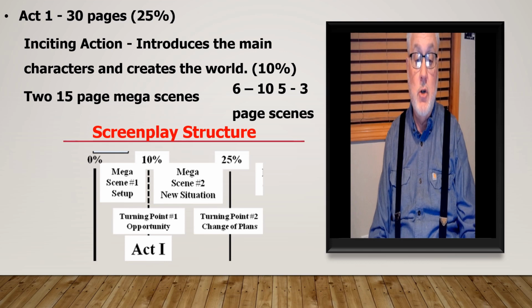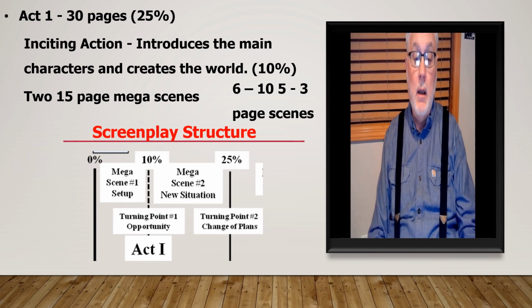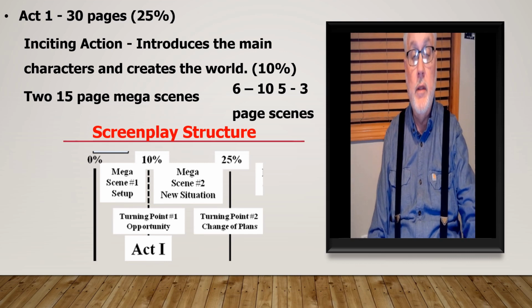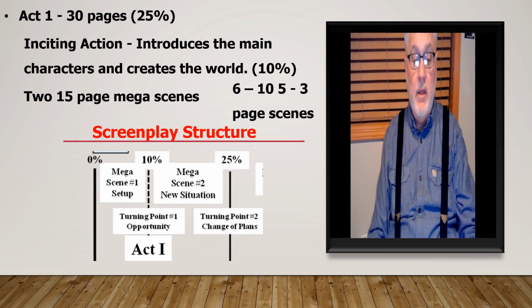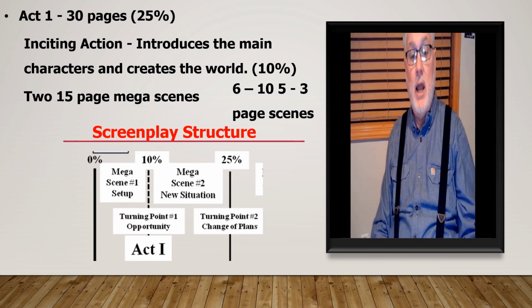So much so that you have mega scene 1, which develops to your turning point 1 or the inciting action. Call it what you want, but it's about halfway through your first act. And then you have mega scene 2, which is the second half of that first act. And then you'll have turning point 2, change of plans.